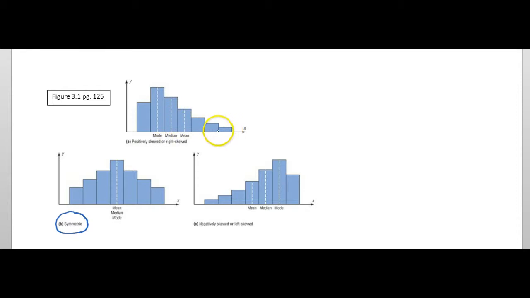Now, I can't guarantee that that's 100% of the time always going to be true, but if things are not perfect, then it could be skewed to the right, or if you look at this one, it could be skewed to the left if the mean and the median are in this direction.